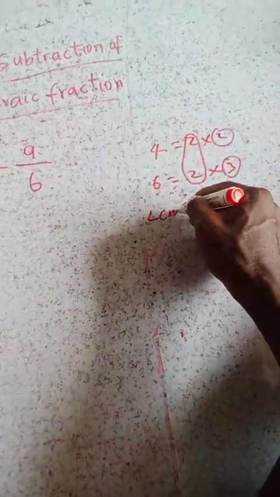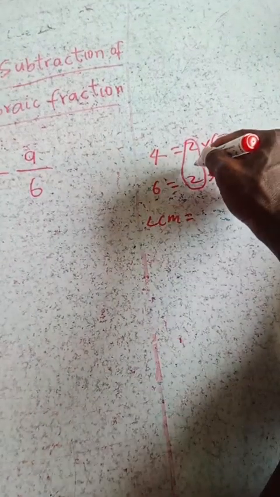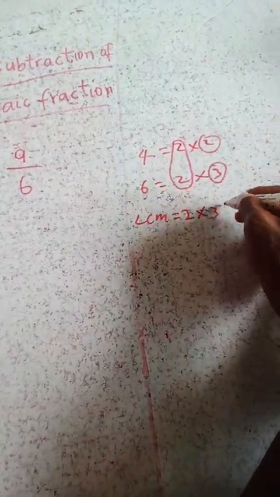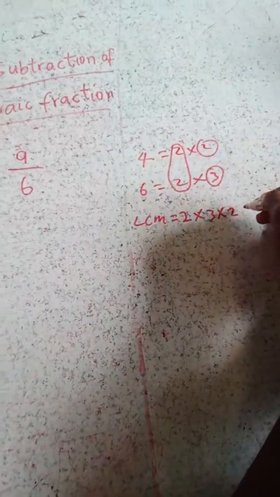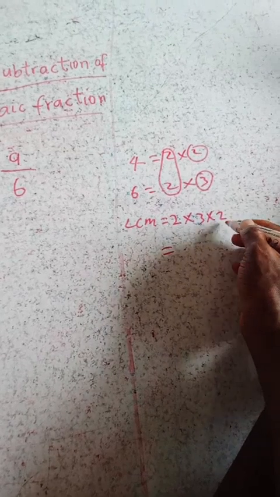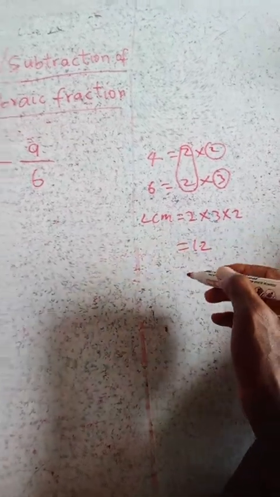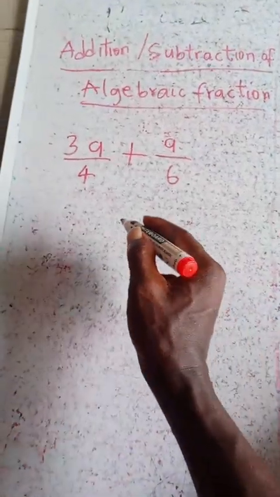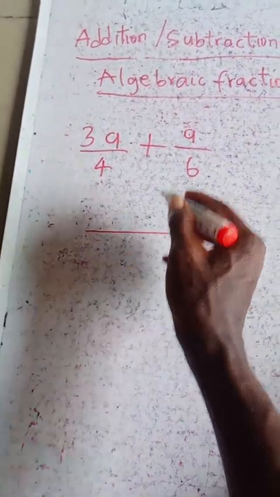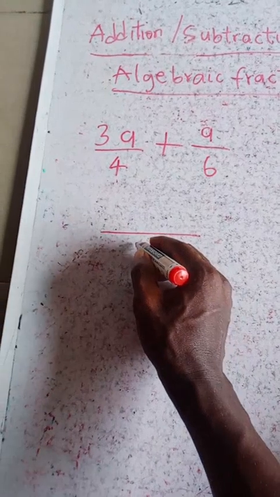So the LCM is one of the common ones, times this one that is not common, times this one that is not common. At the end of the day, it gives you 2 times 3, 6, 6 times 2, 12. So the LCM is 12.